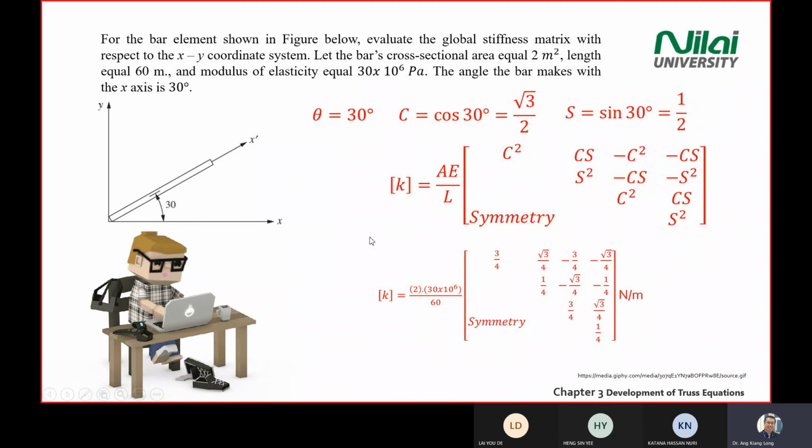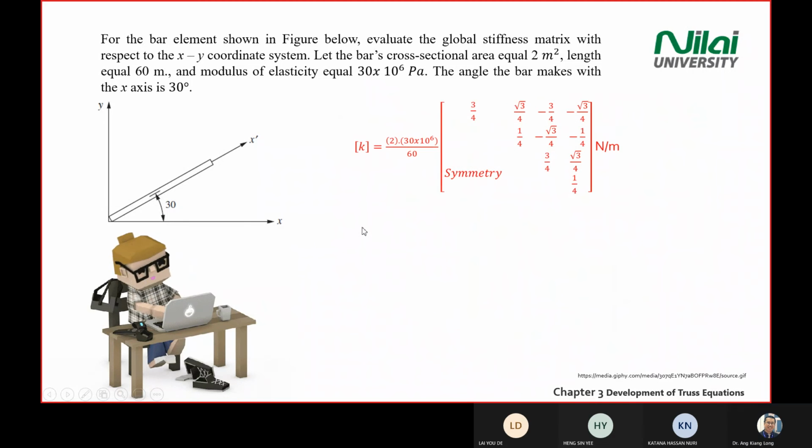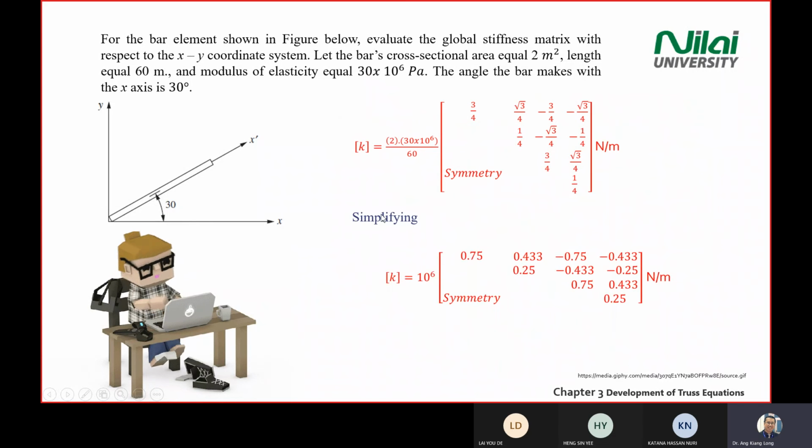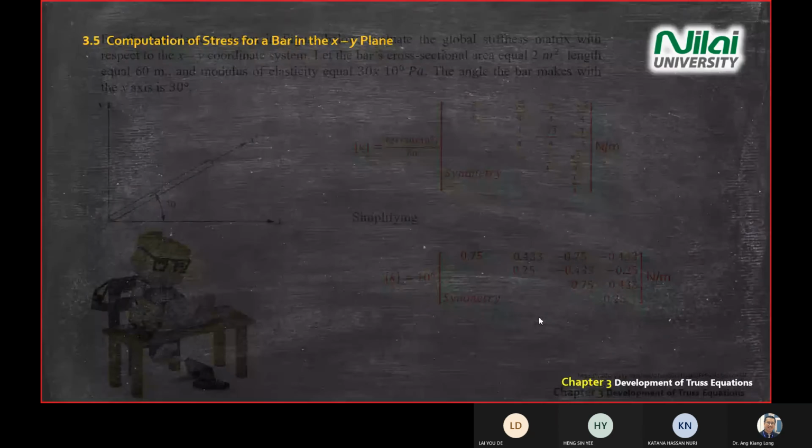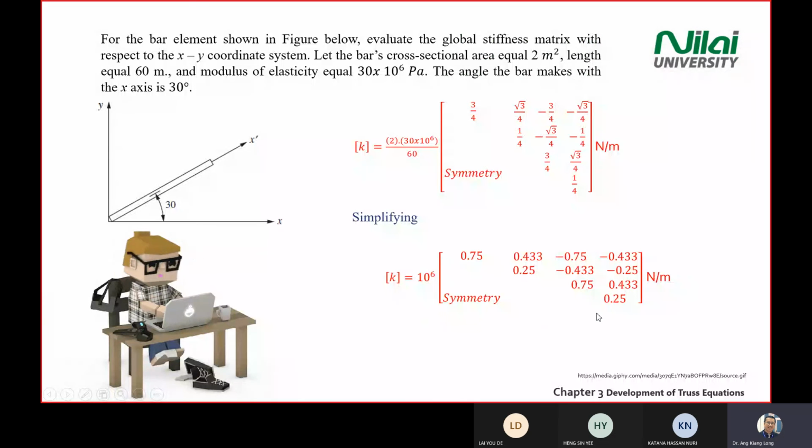Then we simplify, you multiply in all the numbers, 10 power 6, and you convert this into a simpler form. So this is the answer.